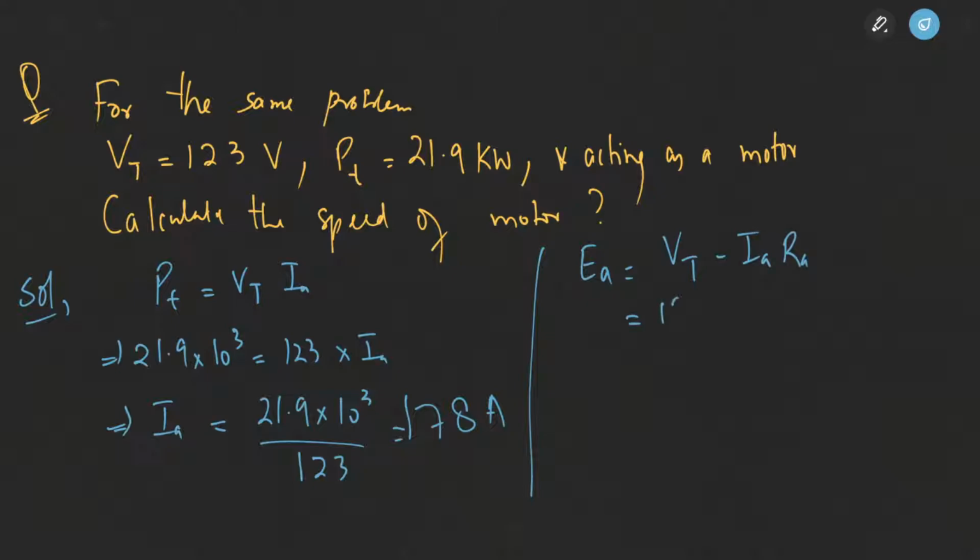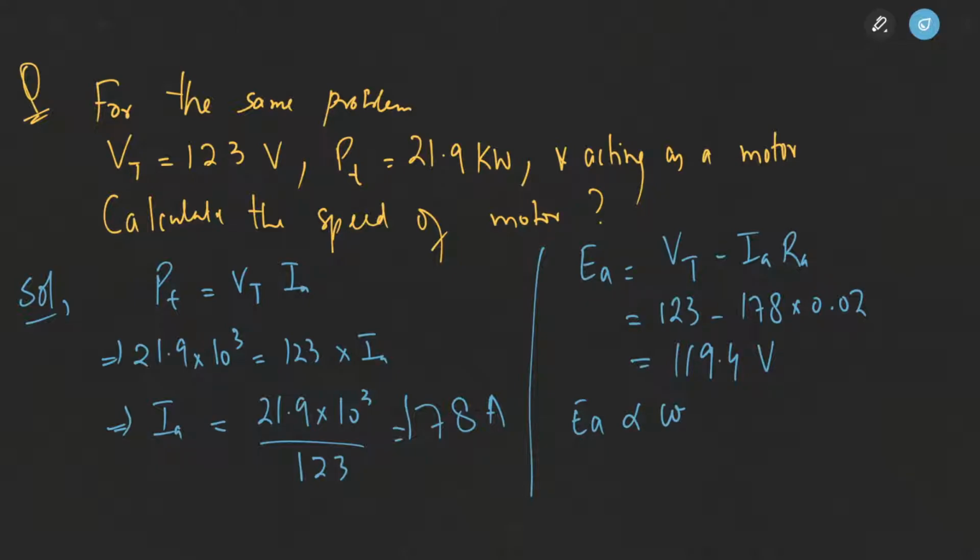Vt is 123 minus Ia of 178 times Ra, which for this machine was 0.02 ohms. So this comes out to be equal to 119.4 volts. Fine. Now we know EA is proportional to speed.